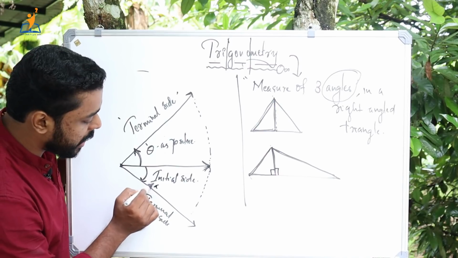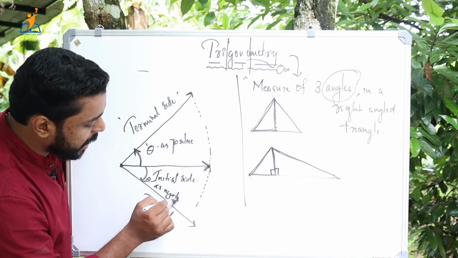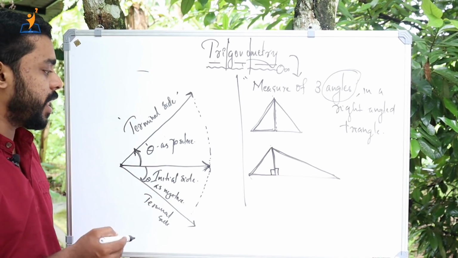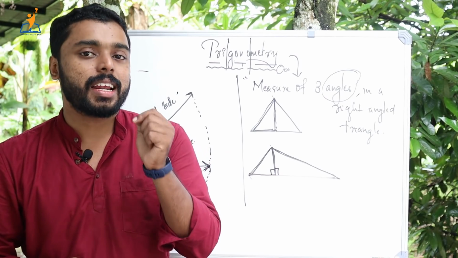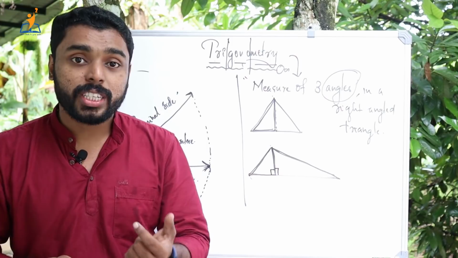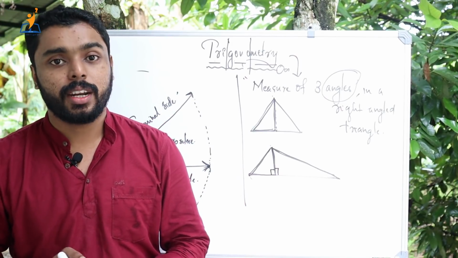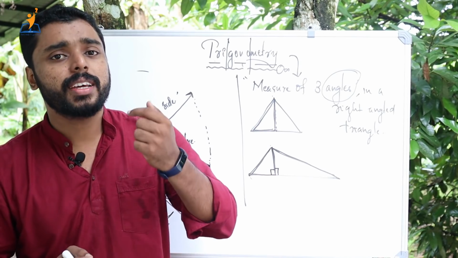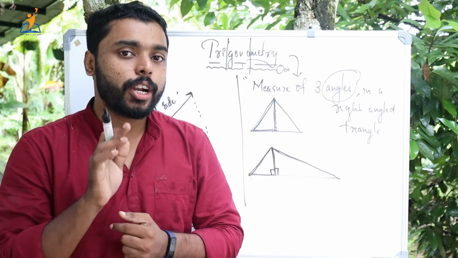In that case we take theta as negative. So an angle is considered positive when the rotation of the ray is anti-clockwise, and an angle is considered negative when the direction of the rotation is clockwise. I hope you understood what the angle is, what the initial side of the ray is, and what the terminal side of the ray is.